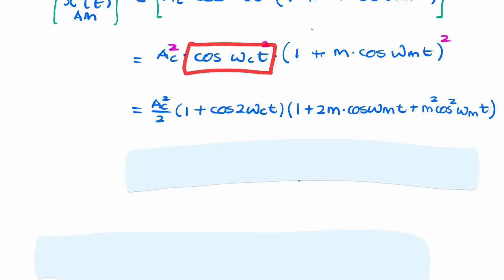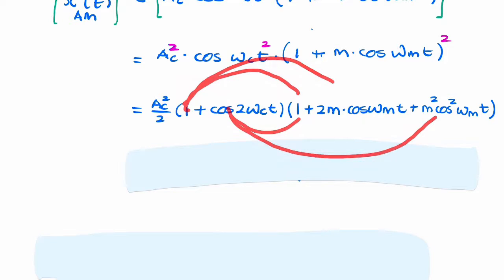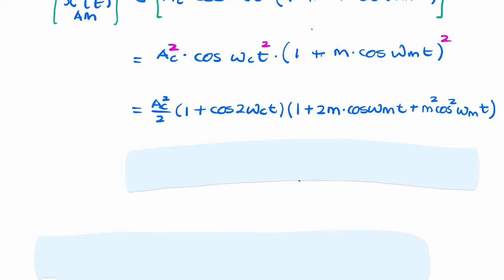Now cosine squared will give you half of 1 plus cosine of twice the angle. And when you square the binomial, you get the first term squared, you get this times 2, and you get the second term squared.